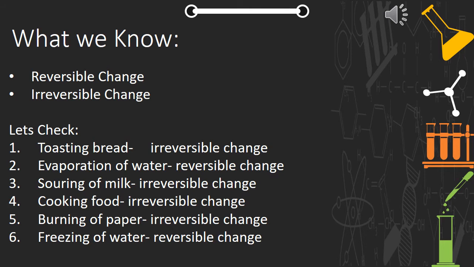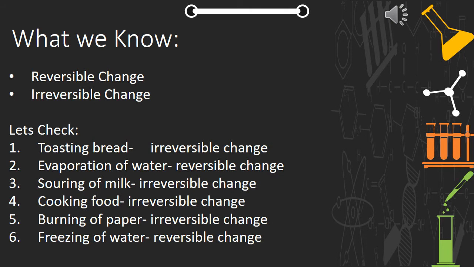So this we have already studied. I have a few examples here, so we'll quickly go through them. Toasting bread is an irreversible change. Here the bread is being toasted, where I cannot get the original form of the bread, that is untoasted bread. You won't get it back. So it is an irreversible change.